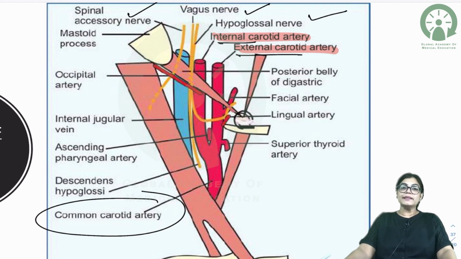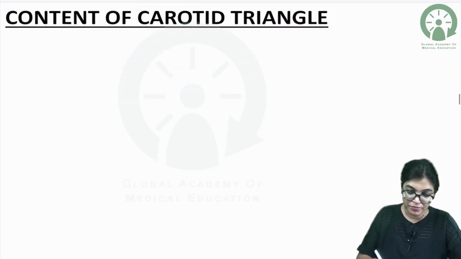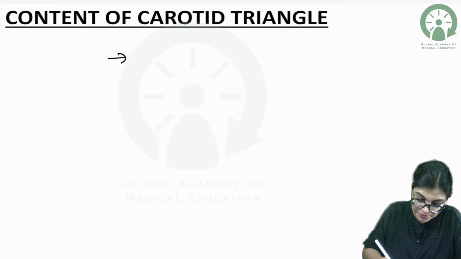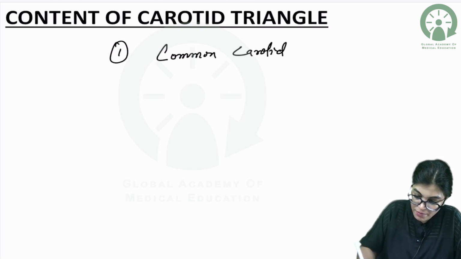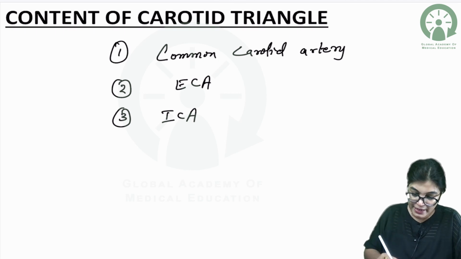And also in the anterior wall of carotid sheath, we have got the ansa cervicalis. So please write down the content of carotid triangle. The contents of carotid triangle are the following. It contains common carotid artery along with external carotid and internal carotid artery and its branches.